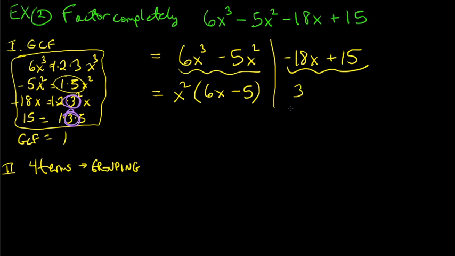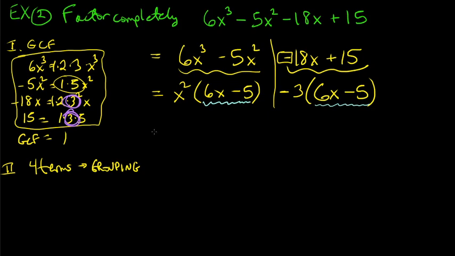So we'll factor out a 3. However, the first term is negative, so we'll factor out a negative 3. So negative 18x divided by negative 3 is positive 6x. 15 divided by negative 3 is negative 5.